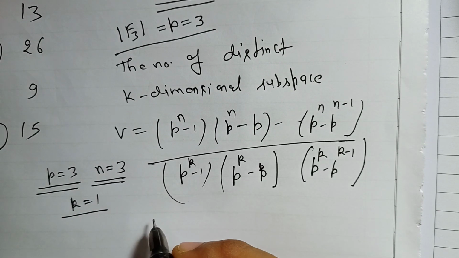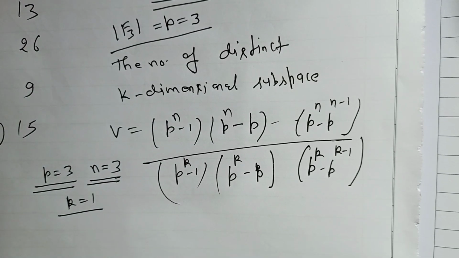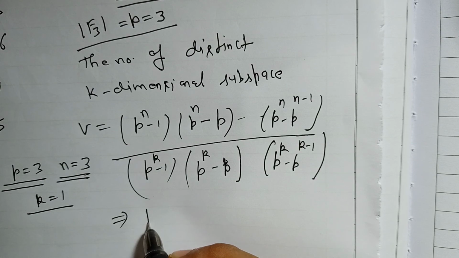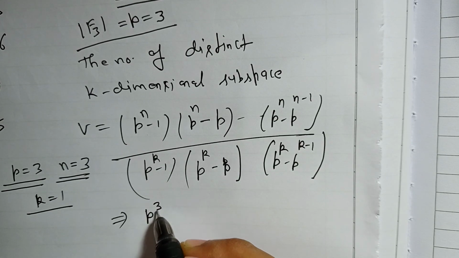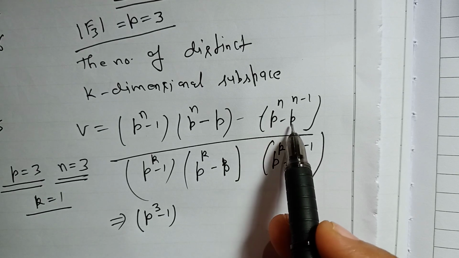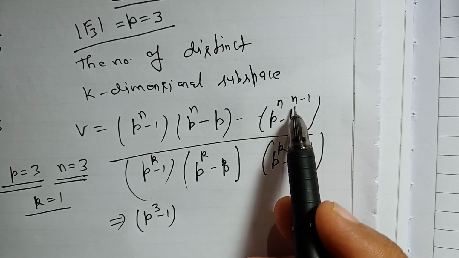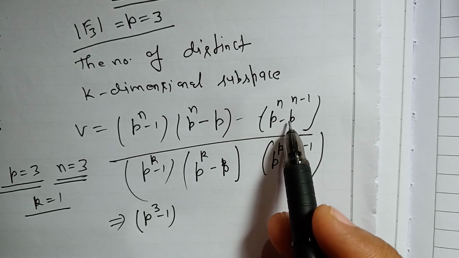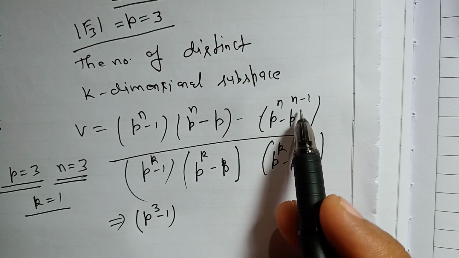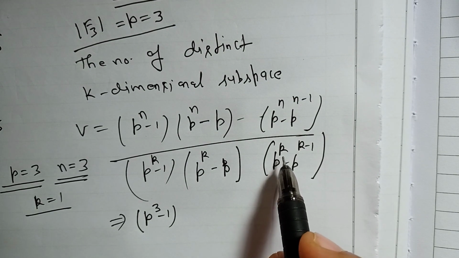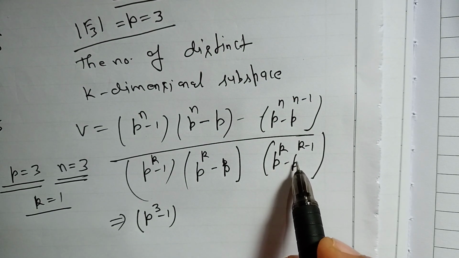So we get p power n minus 1, p power n minus p, p power n minus p square, divided by p power k minus p power k minus 1.